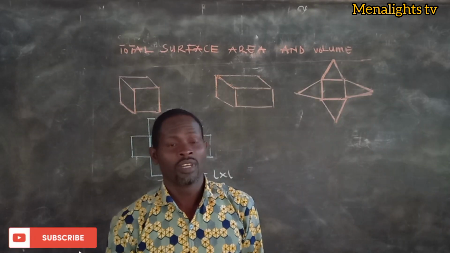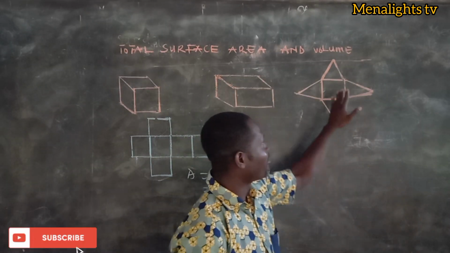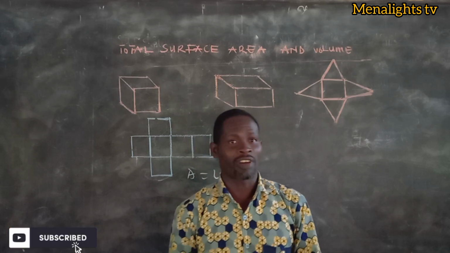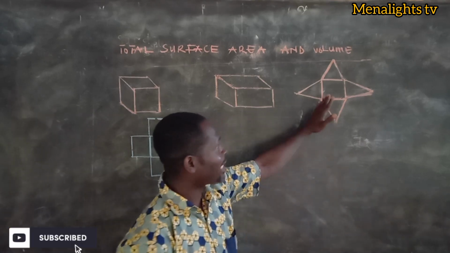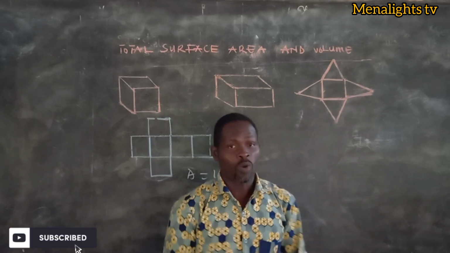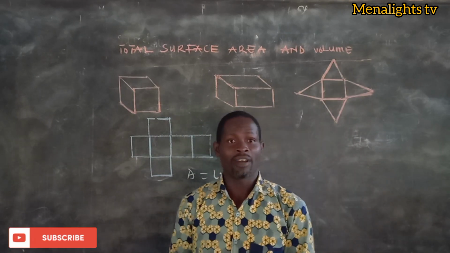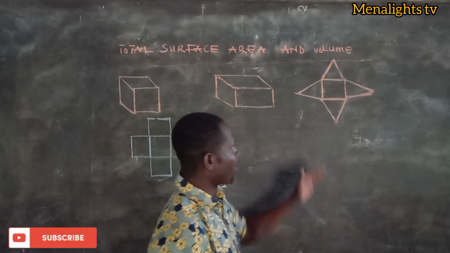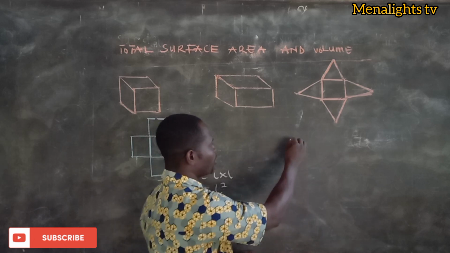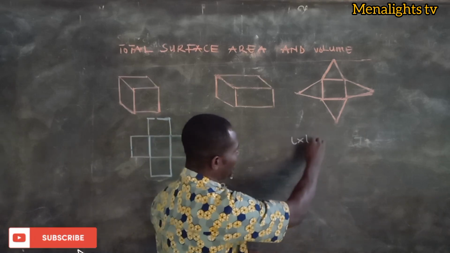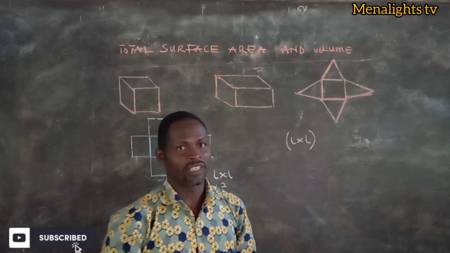So this is the net of a square pyramid. With the square pyramid, we have a square surrounded by 4 triangles. Now for us to find the total surface area of this figure, you find the area of the square and then the area of the 4 triangles. So for the area of a square, we use the formula length times length.